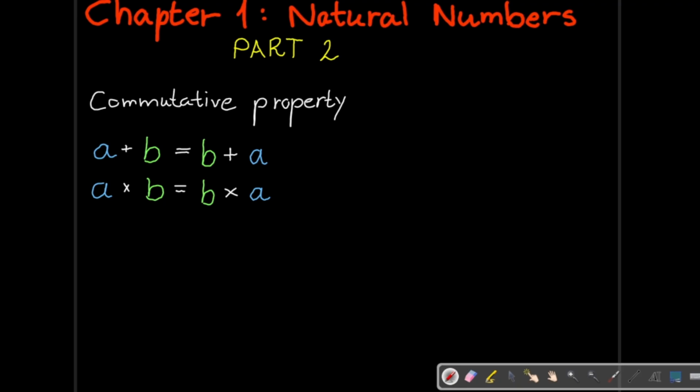And the second property which I would like to talk about is the associative property. Alright, so this time we will have three numbers instead of A and B. We will have also a number called C right here.